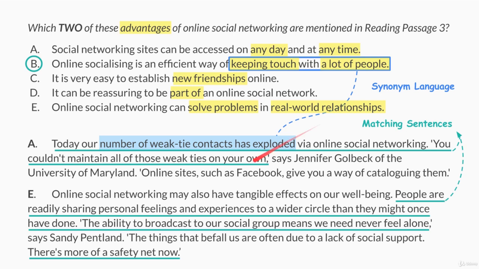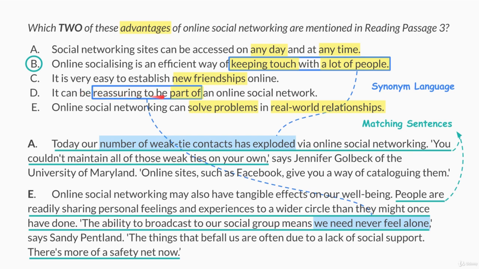So let's see if I can find any keywords or any synonym language from these answer choices. So what I see over here is it says we need never feel alone. We don't have to feel lonely anymore. Well, that is synonym language for this part over here.